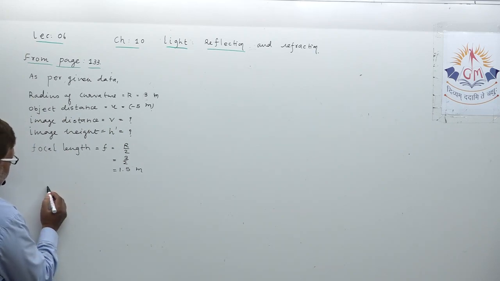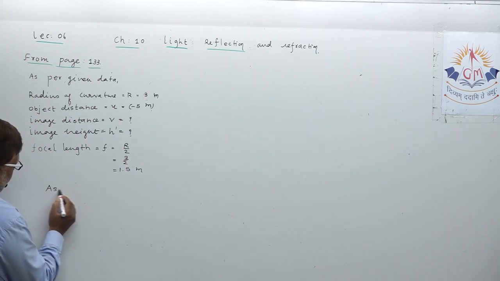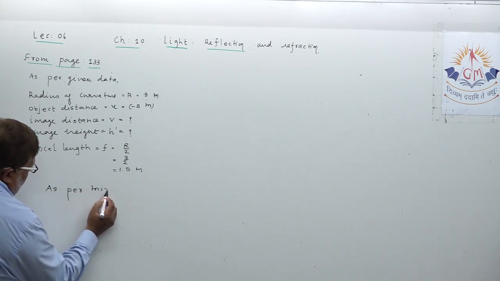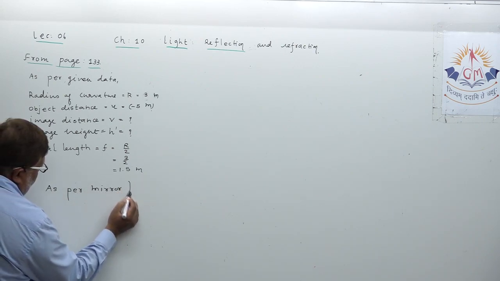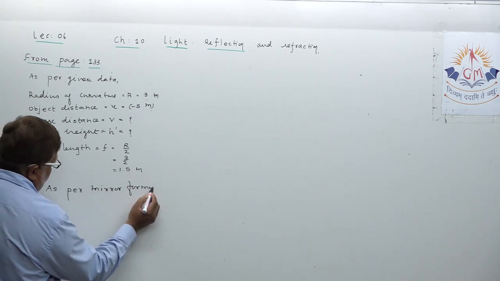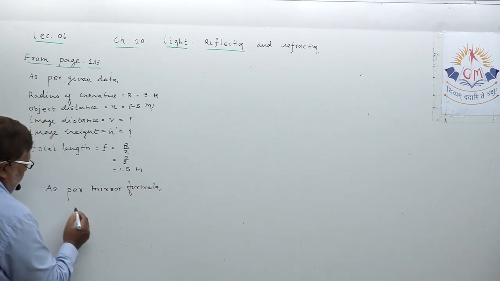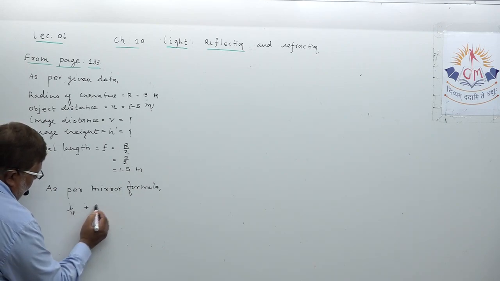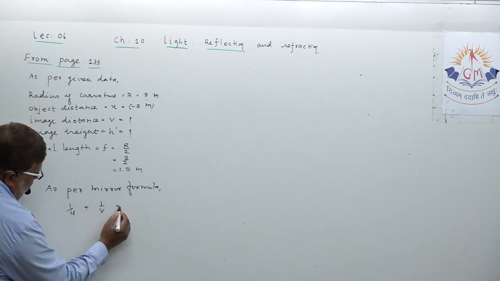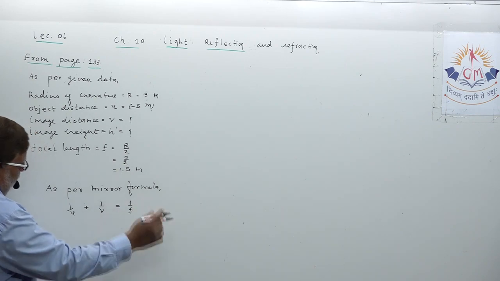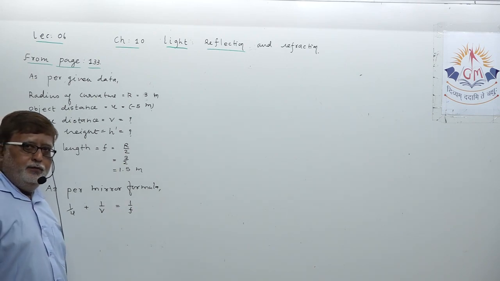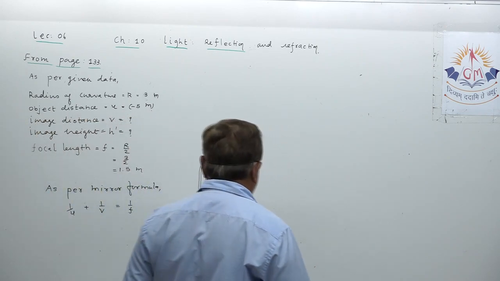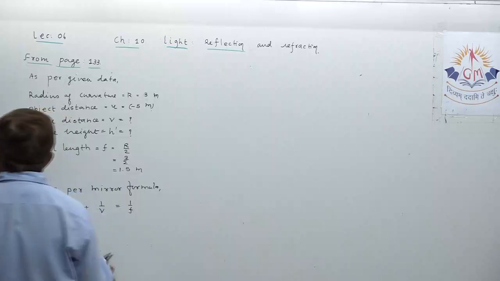As per mirror formula, let us write the mirror formula. 1 upon u plus 1 upon v equals 1 upon f.